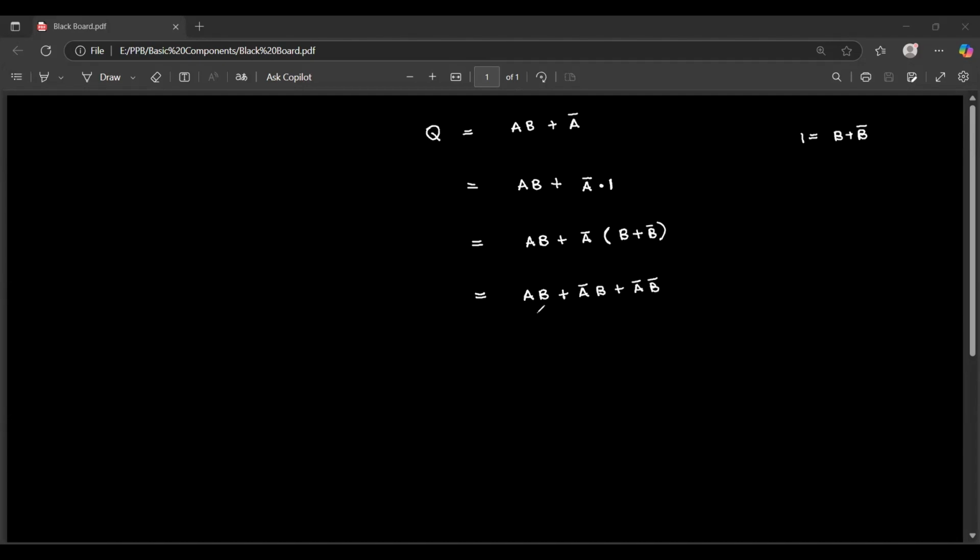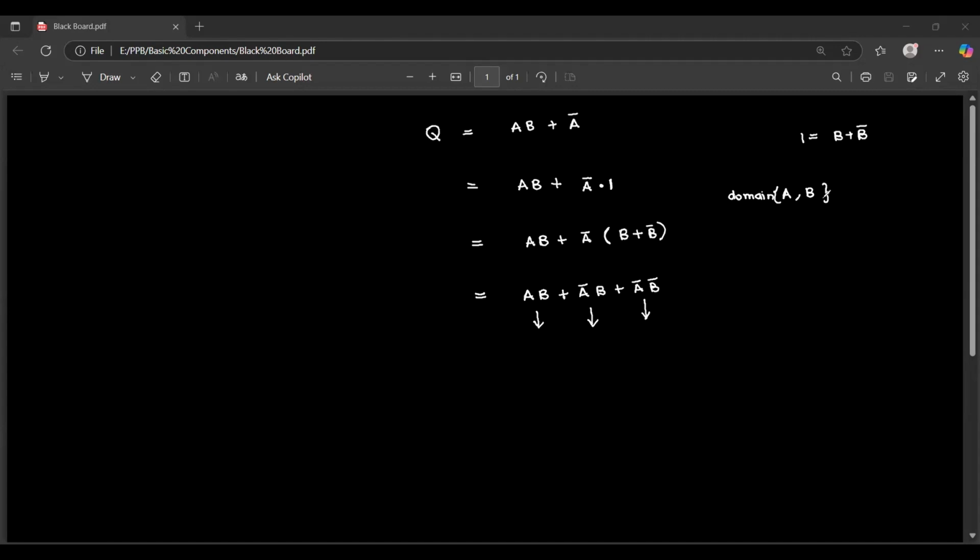Now you can see each term has all the variables in the domain. The domain contains A and B, and all these variables or signals are used in their different forms.